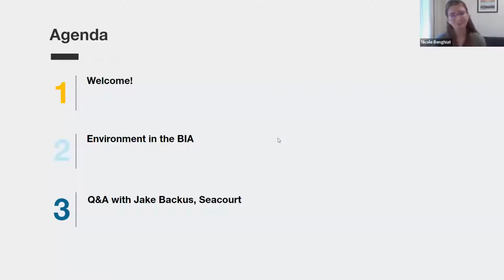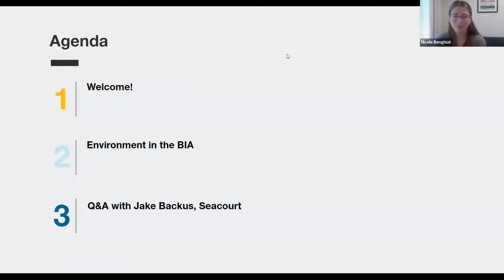And then we also want to introduce you to one of our B Corps, Seacourt Printing Company, who have scored exceptionally highly in the environment section of the BIA and are here with us today. We're joined by Jake Backus, who's the head of sustainability at Seacourt.